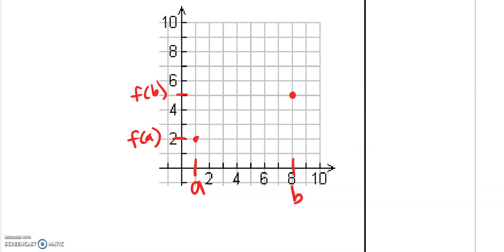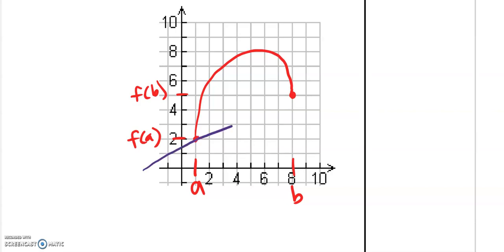So that means when I sketch this graph, it could look like whatever you want it to look like up there. It doesn't matter. But when I sketch this graph, I'm going to make it look like that, maybe. It's a weird looking graph. But what the mean value theorem says is something very similar, that there has to be a point c between a and b that has the same slope as this secant line.